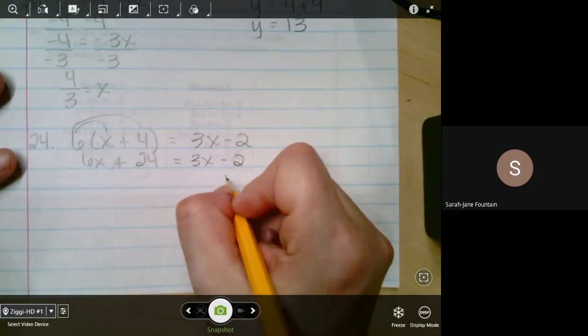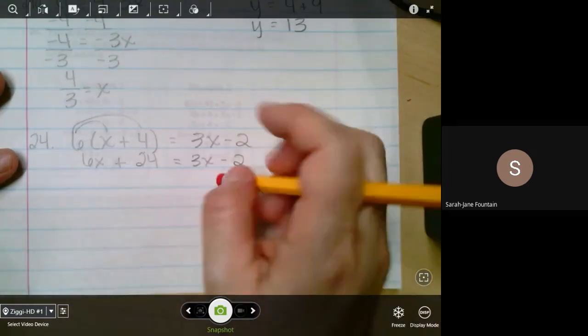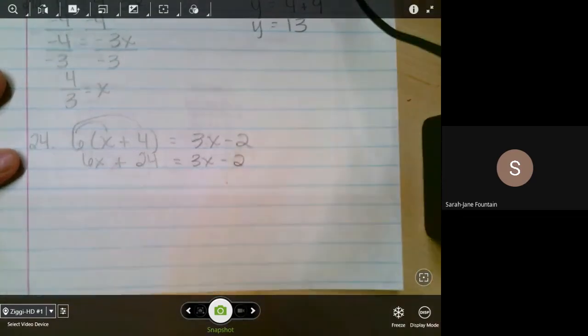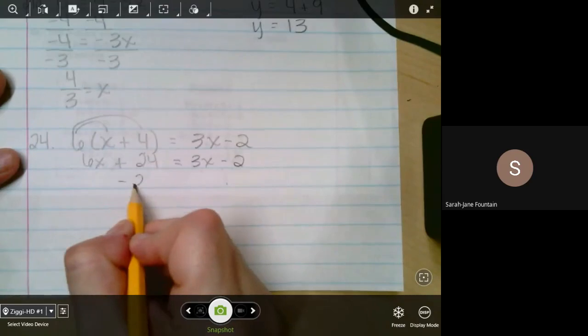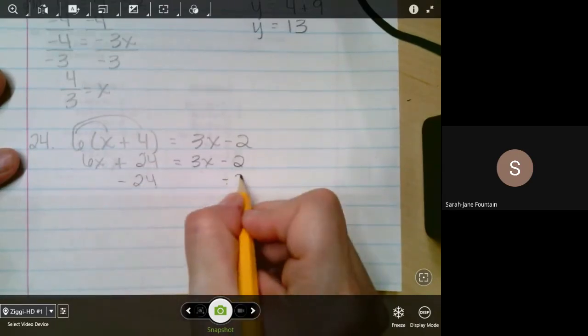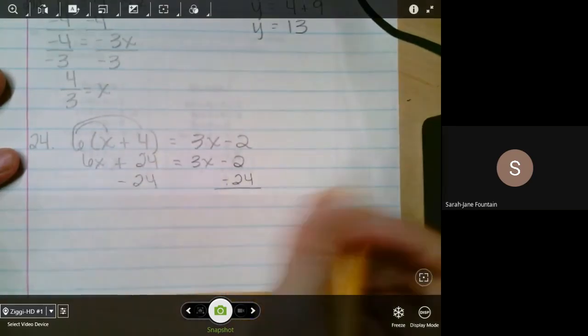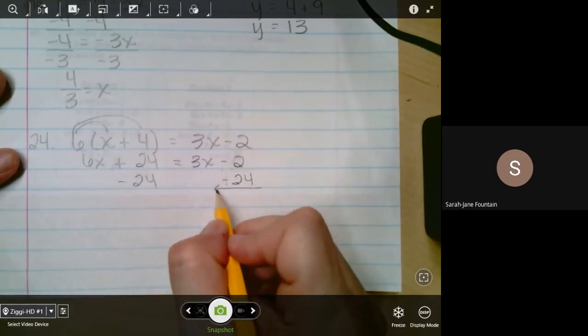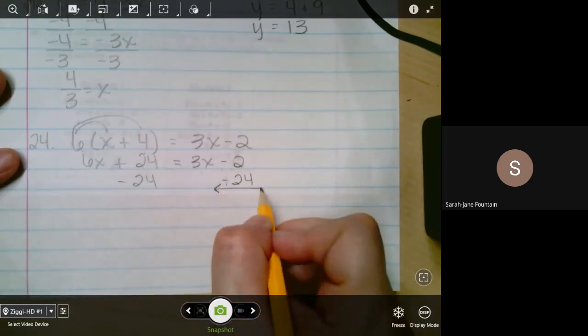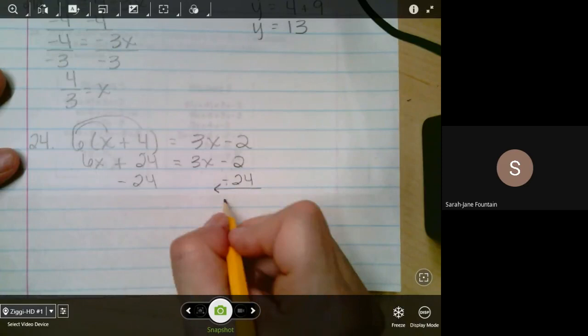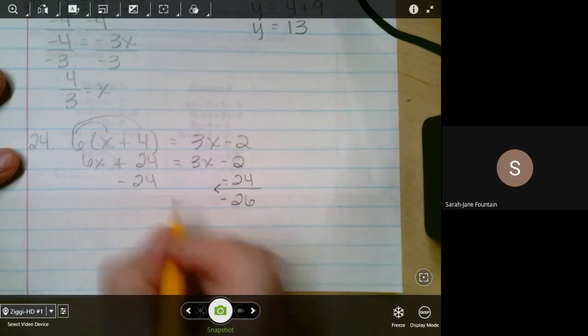Let's subtract 24 here. And remember, when we subtract, we're moving away from the 0. So then that is a negative 26.